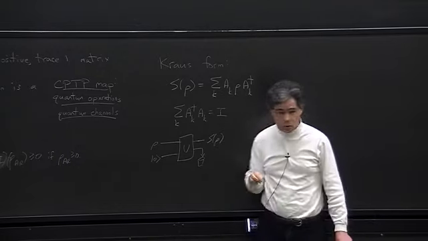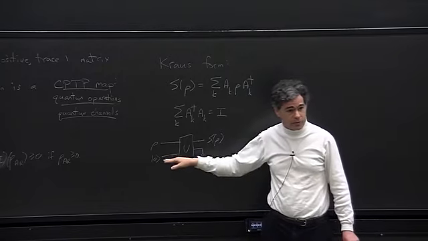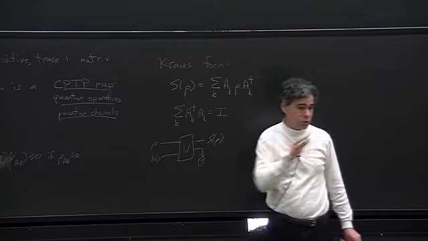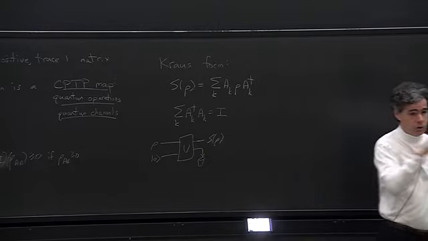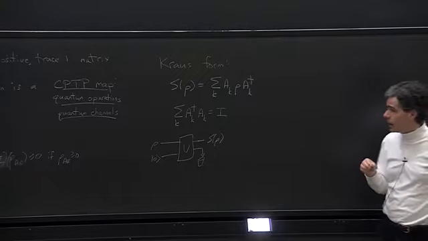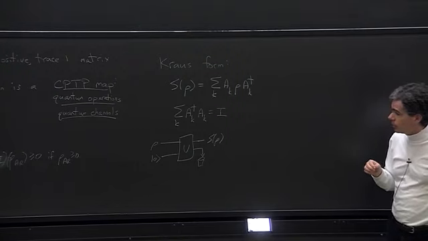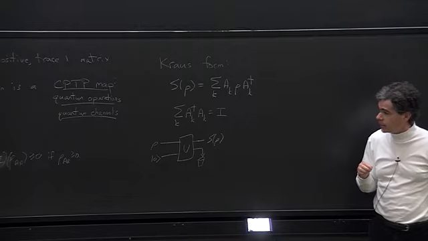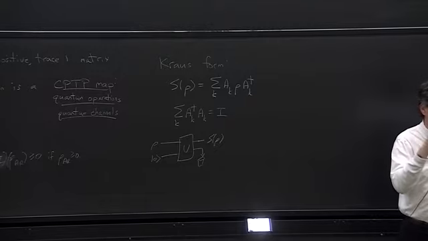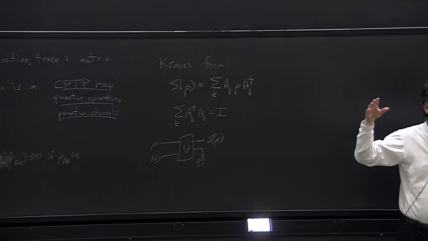One thing that's worth noting that I said when I was presenting this is that these CP-TP maps, we don't insist that they map a Hilbert space of a certain dimension to a Hilbert space of the same dimension. It could be bigger. It could be smaller. You can even have CP-TP maps that map just a one-dimensional Hilbert space, which is just trivial, to a many-dimensional Hilbert space, right?